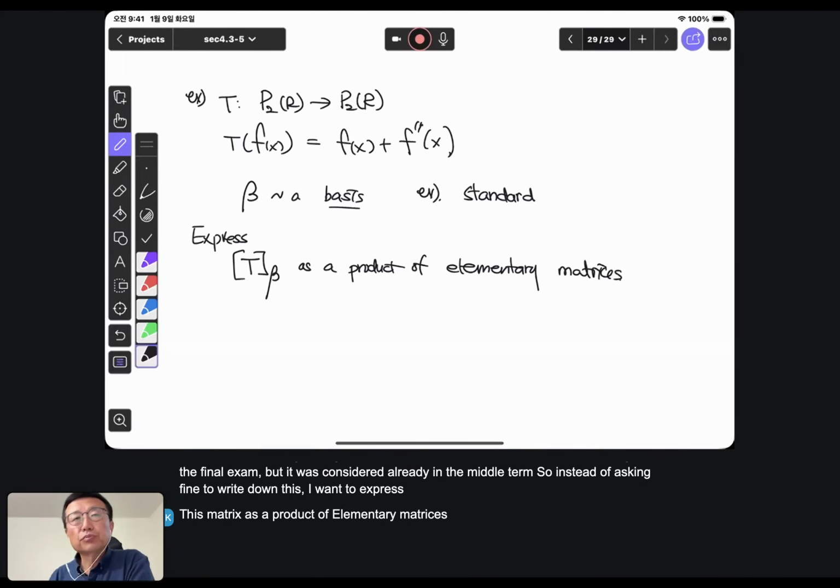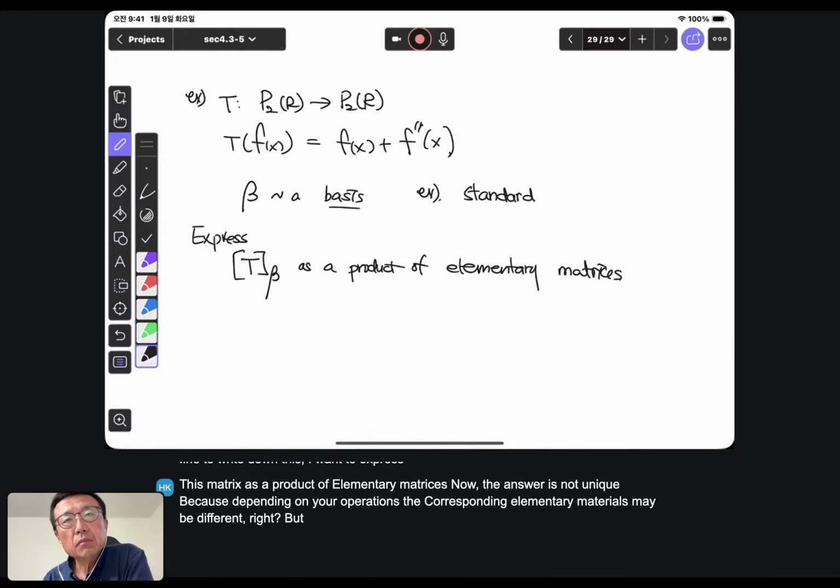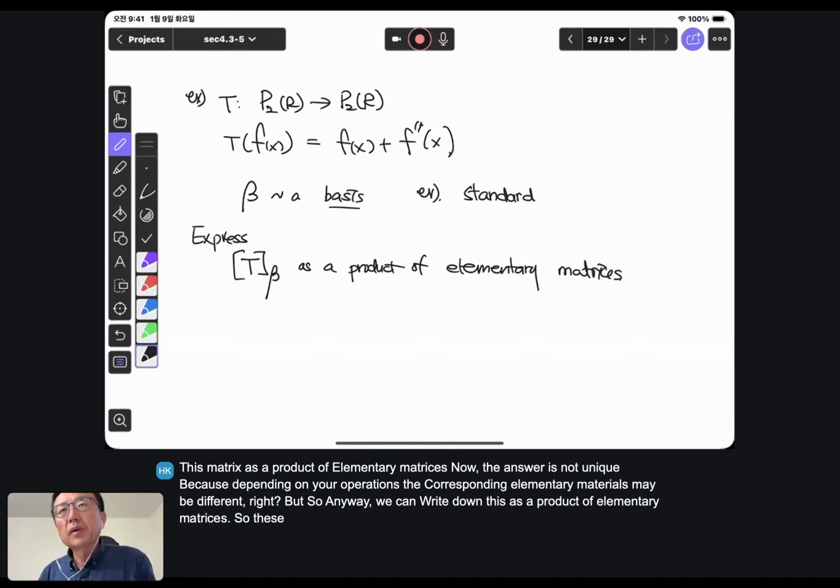Okay? Now, the answer is not unique because depending on your row operations, the corresponding elementary matrices may be different, right? But anyway, we can write this as a product of elementary matrices. So these were some problems in the past, okay?